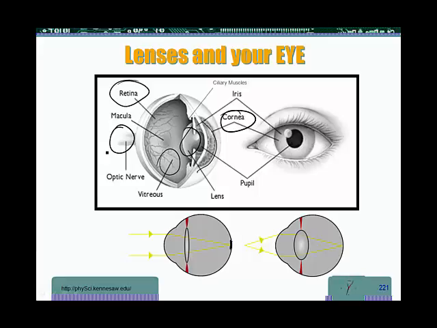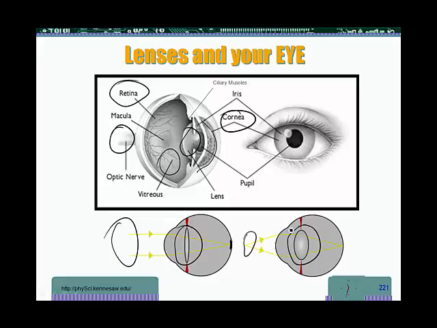An amazing thing with our eye is that the lens of the eye, very fast, almost instantaneously, accommodates to allow us to see objects that are nearby and objects that are far away. It does that by changing its shape.